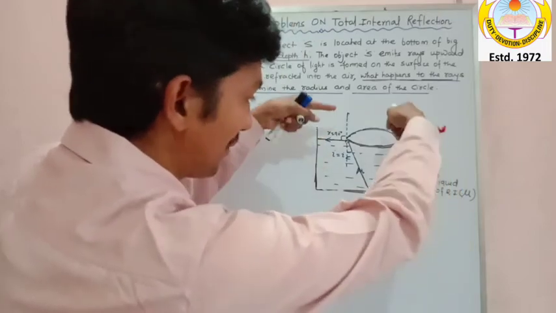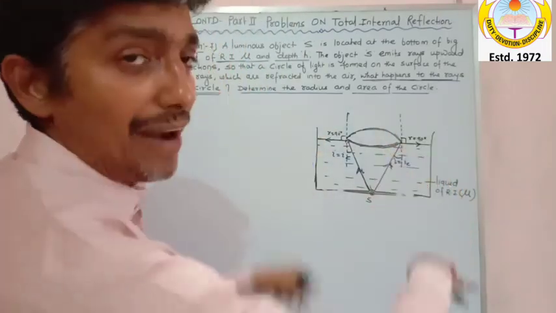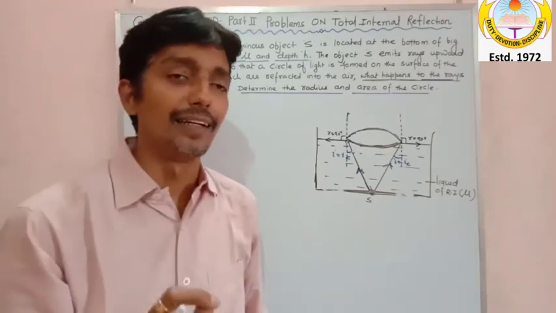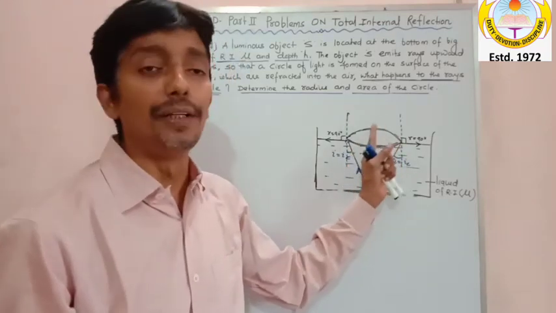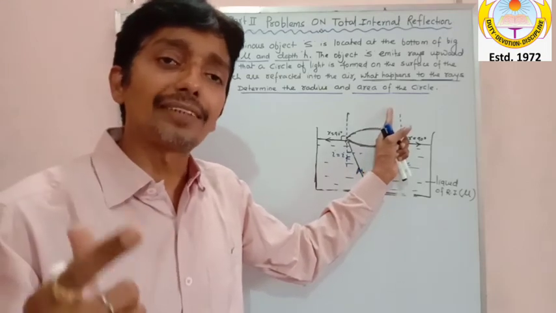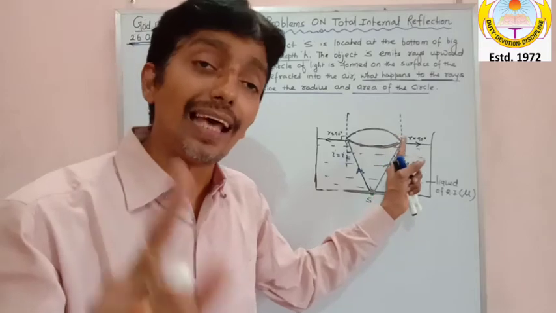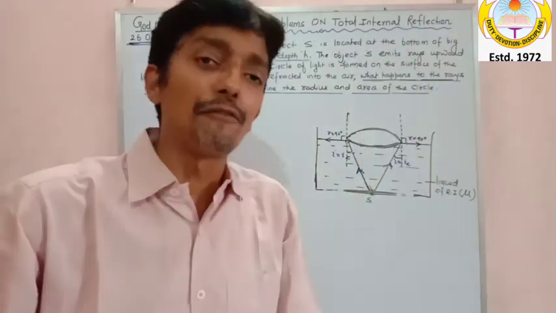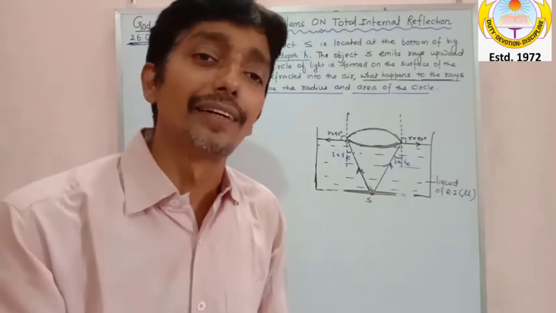The entire light will be totally internally reflected. So here I wanted to tell you this part very clearly, that this circle is obtained due to the refracted ray, and the rays will refract only when I is less than IC. Please make a note of it. And the ray will totally reflect when I is greater than IC.